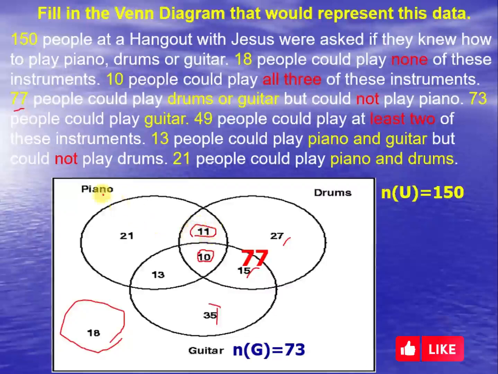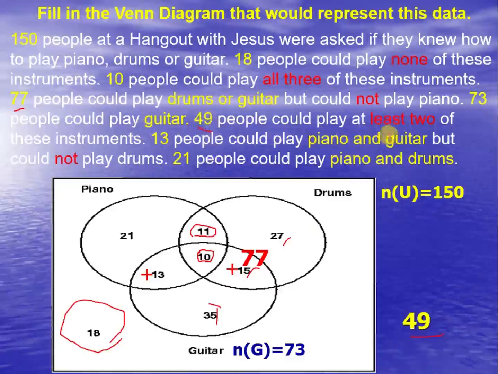They play both piano and what? Drums. So you add this 11 plus 13 plus 15, and that is going to give you 49, this 49. Okay, so 49 people could play at least 2 of these instruments.